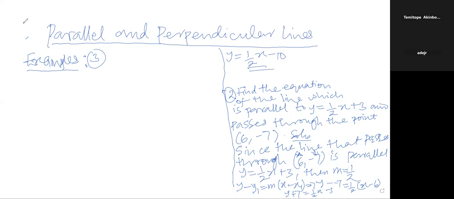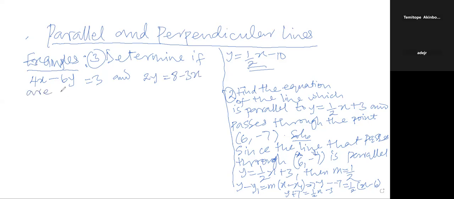So let's see the third example. This one says, determine if 4x minus 6y equals 3 and 2y equals 8 minus 3x are perpendicular.